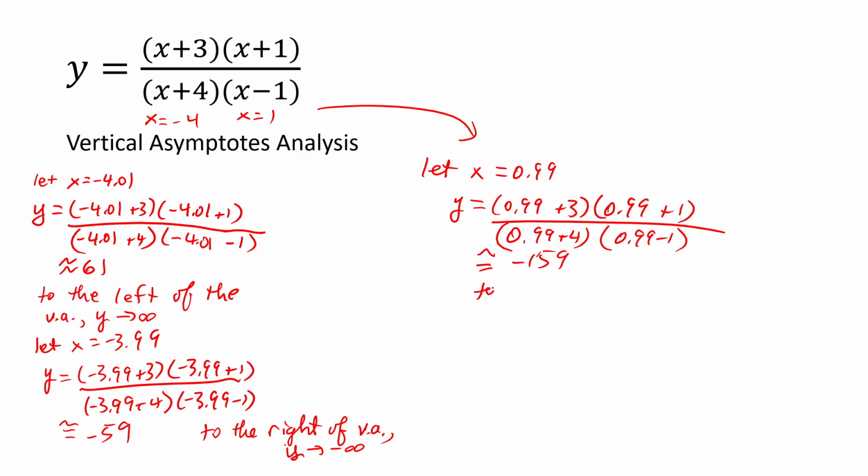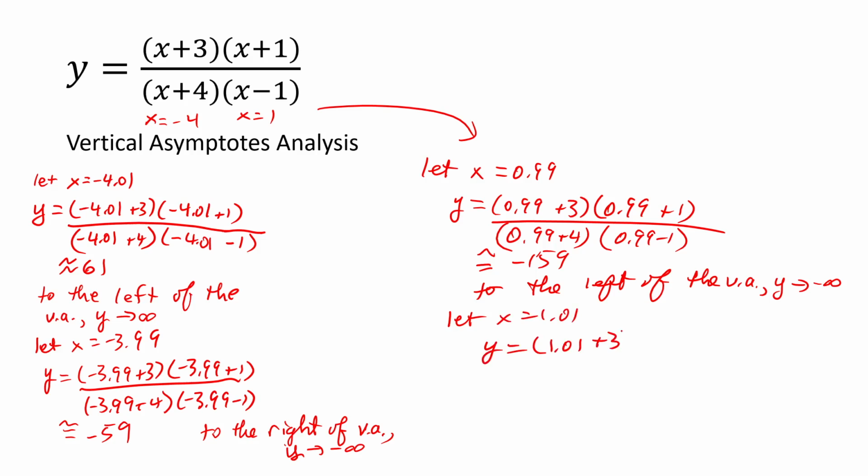So that tells me that to the left of that vertical asymptote, y is going to be heading to -infinity. And if I let x equal 1.01, then we end up with a value of approximately 162.